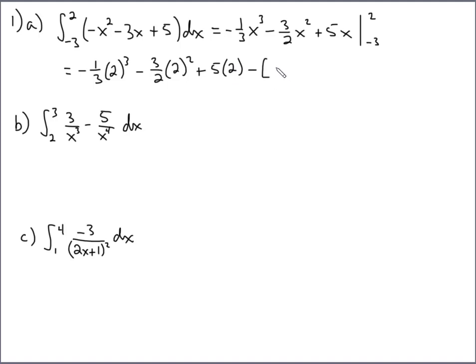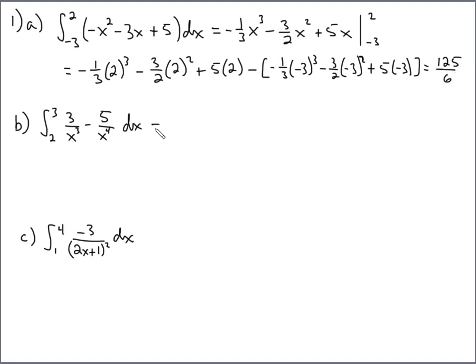Subtracting off what we get when we plug in negative 3, so minus 1/3 times minus 3 cubed, minus 3/2, minus 3 squared, and plus 5 times minus 3. Okay, if you put all this together, you should get 125/6.